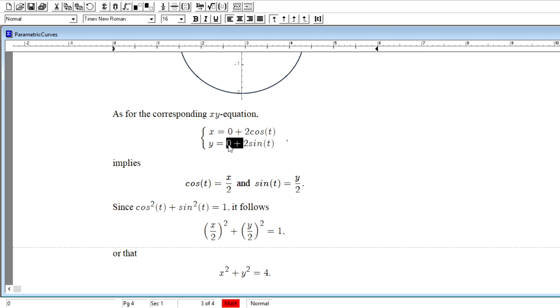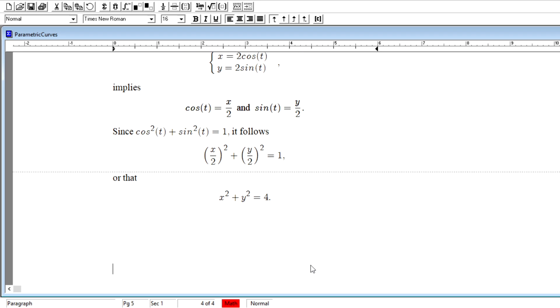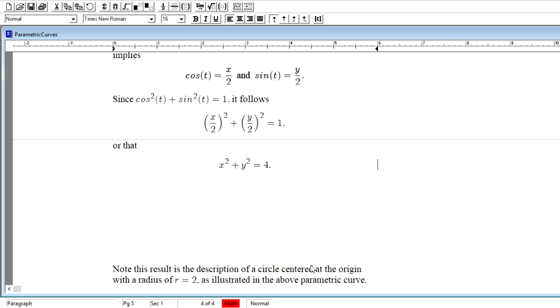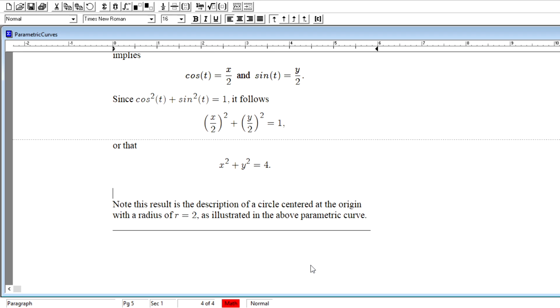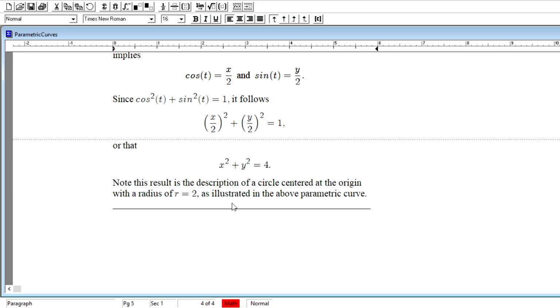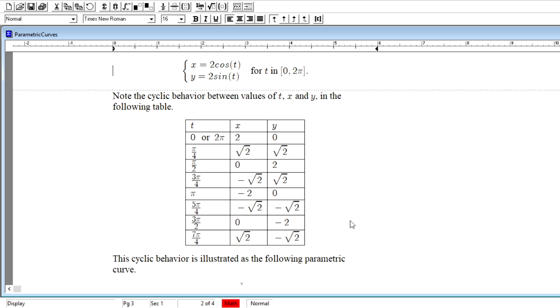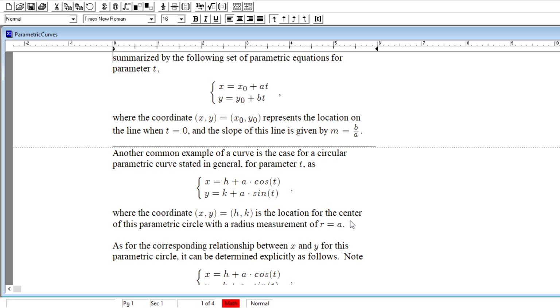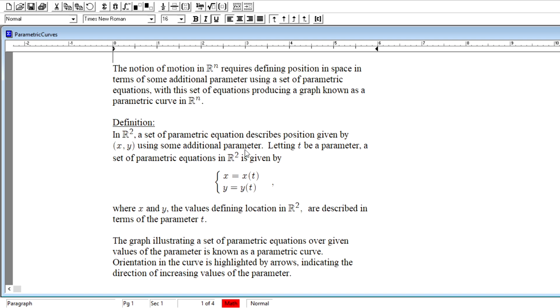H and k correspond to the location of the center, and 2 corresponds to the radius of the circle. So again, to finish, take note: this result is the description of a circle centered at the origin with a radius of 2, as illustrated above in the parametric curve. So folks, this is just the beginnings of parametric curves. All a parametric curve is in two-dimensional space.